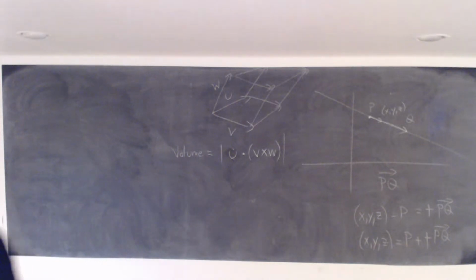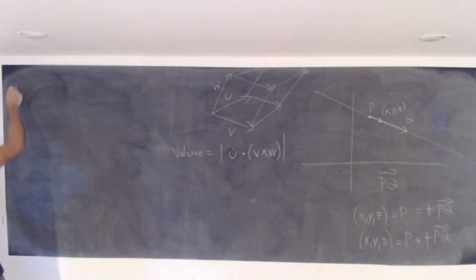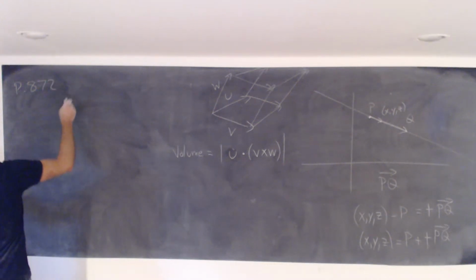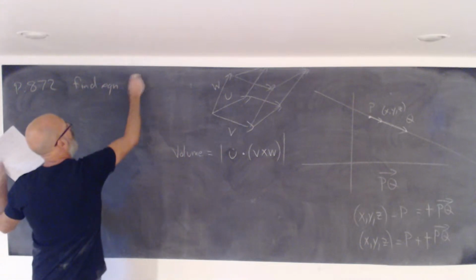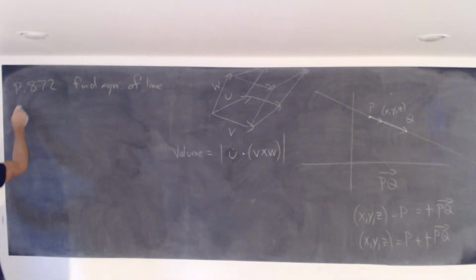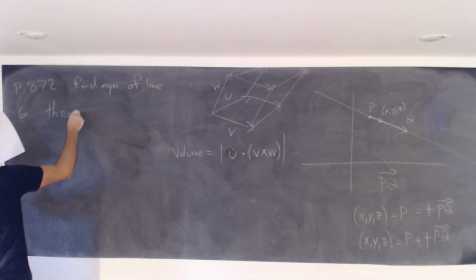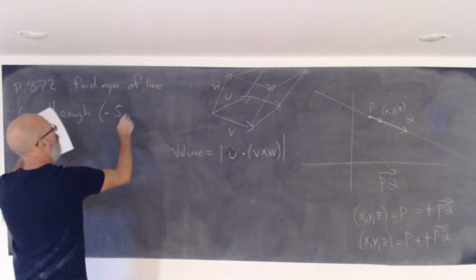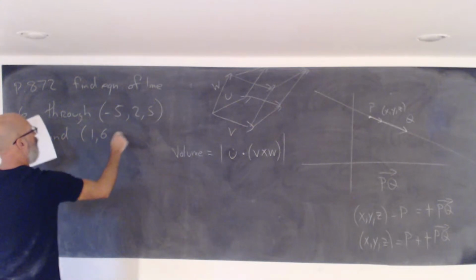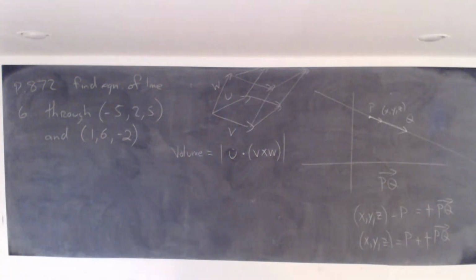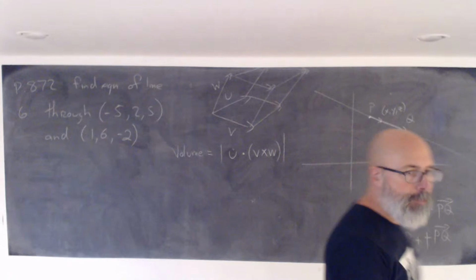Let's take a few examples. We are asked to find the equation of a line through these 2 points.